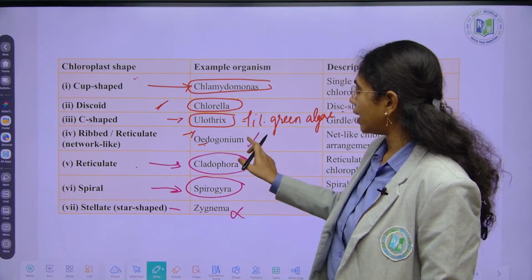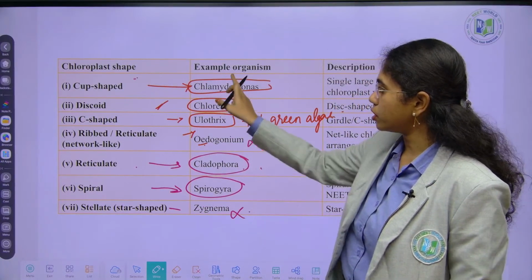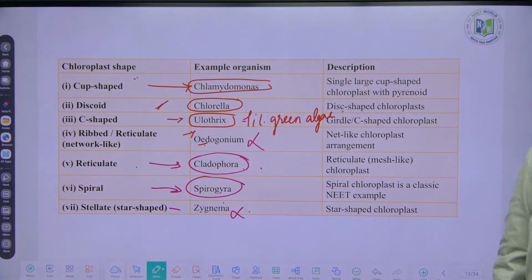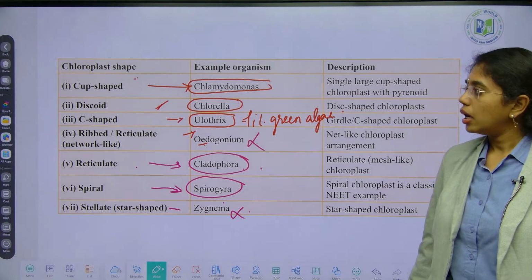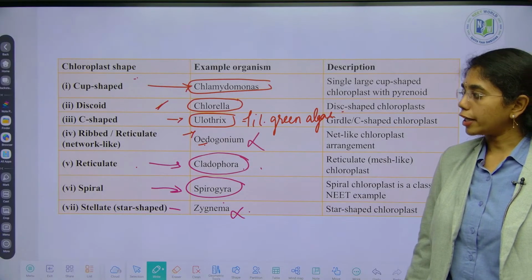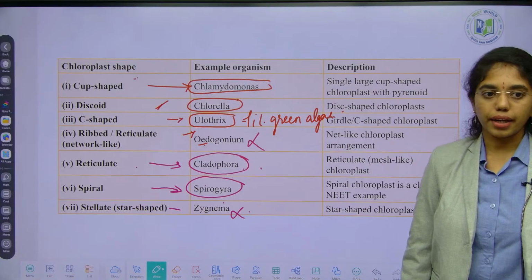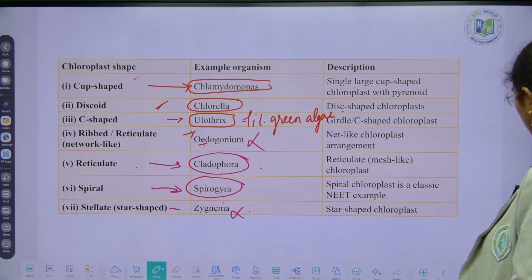This also you can ignore. Except these two examples you have to remember all. Cup shaped you can see in Chlamydomonas. Say it louder so that you can remember. Discoid, C shaped, reticulate, spiral, right. These are different shapes of the chloroplast.